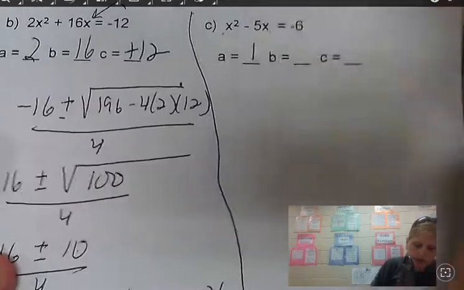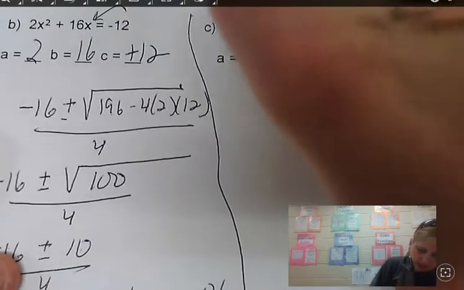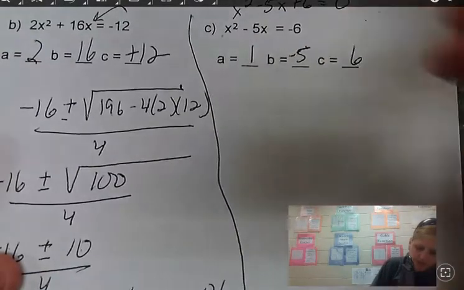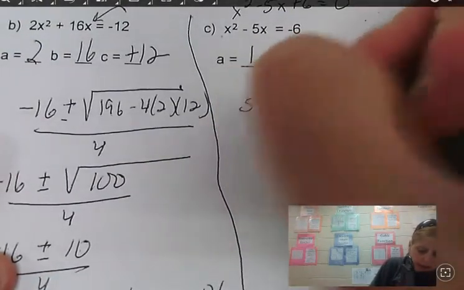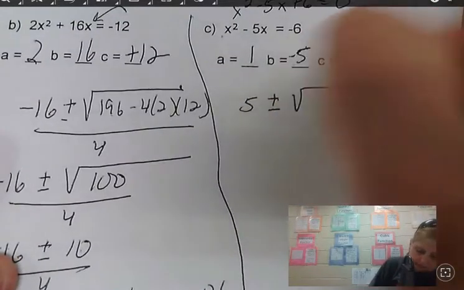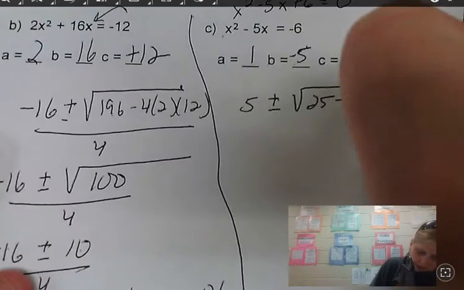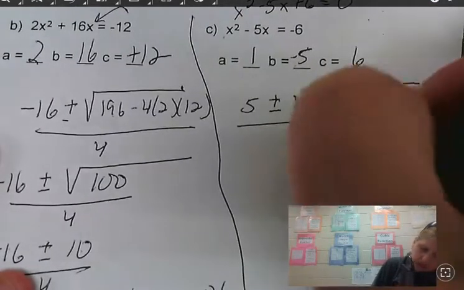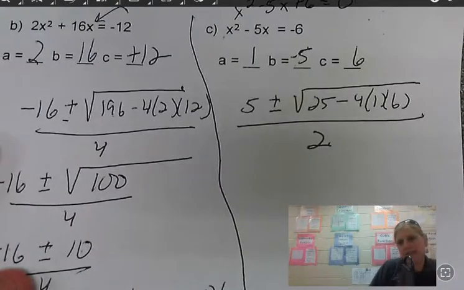Last one, the number in front of the x. Here you have a negative 5. And remember, this would be plus 6. So 5 plus or minus, because the opposite of negative 5 is 5. So 5 plus or minus b squared minus 4 times a times c all over 2 times a.